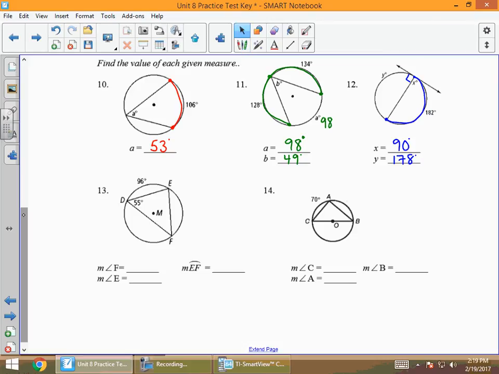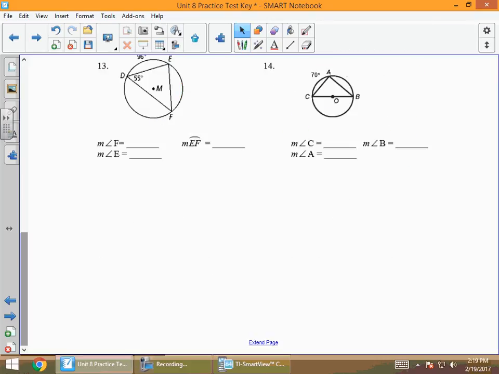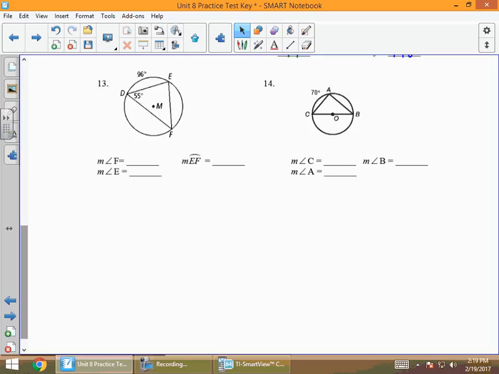Number 13. I have an inscribed triangle. And I know that I have the arc DE up here is 96. So the inscribed angle is angle F, makes up that 96 degree arc, and an inscribed angle is half of its arc. So if I do half of 96, I should find angle F to be 48 degrees.